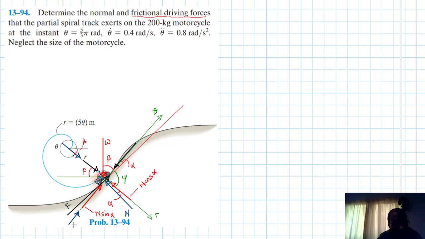And then we have this one, which is F. This is alpha here, so this is F cos alpha, and this one here is F sine alpha. And then we have this one, the weight.